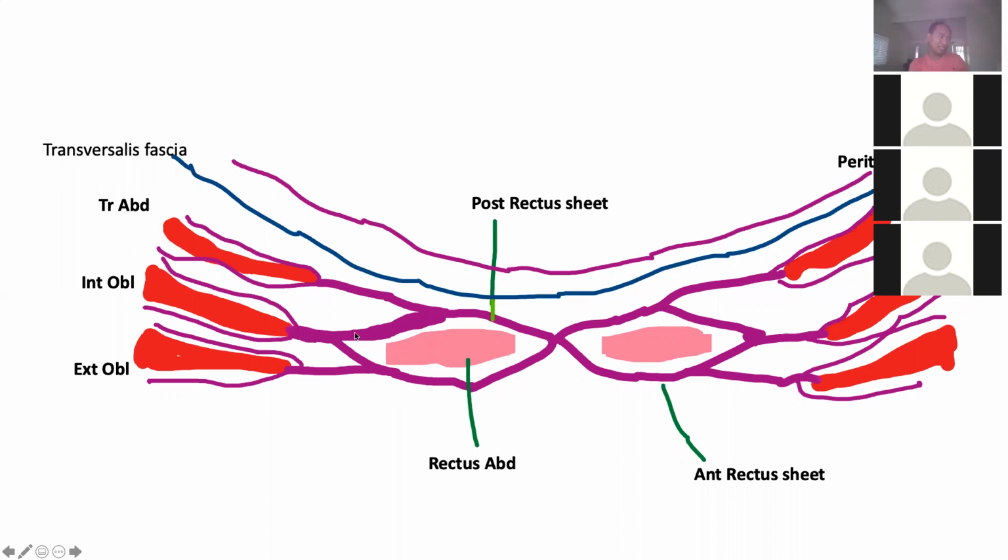But does this splitting and enveloping of the rectus sheath occur all along the rectus, from the xiphisternum to the pubic symphysis?